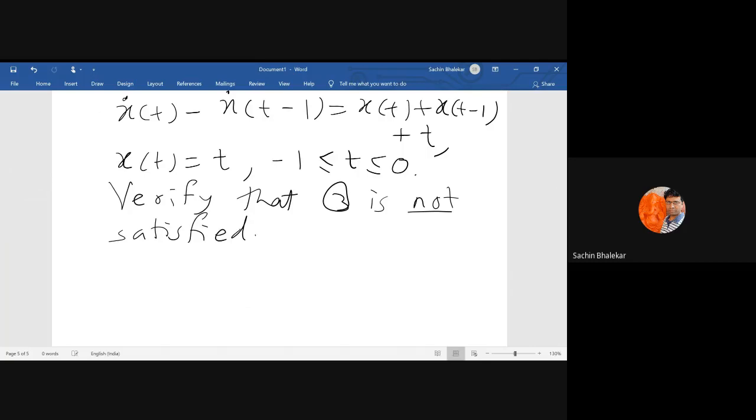Now, this theorem says that the solution x of t is not continuously differentiable at 0, plus minus r, plus minus 2r and so on. So for this, use Wolfram Cloud and check this result.